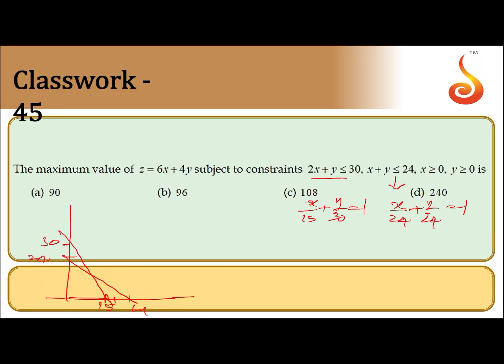These are two straight lines intersecting at a point, obtained by solving 2x plus y equals 30 and x plus y equals 24. So x equals 6 satisfies the condition, therefore y equals 18, giving the point (6, 18). Generally the maximum value is attained at the point of intersection of the two lines.